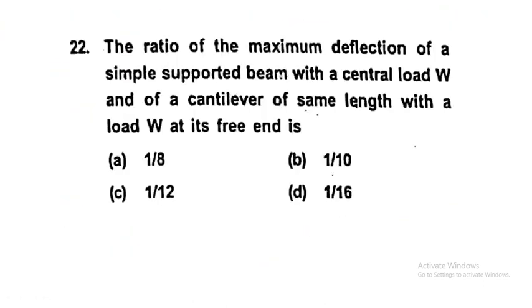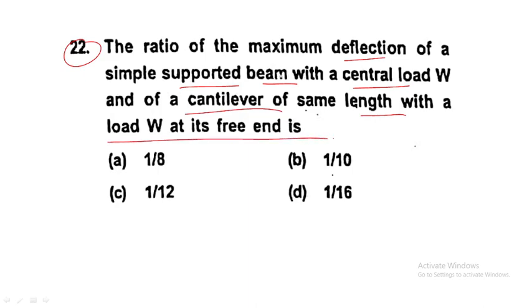Next question, question number 22. The ratio of maximum deflection of a simply supported beam with central load W and of a cantilever of the same length with the load W at the free end is what?